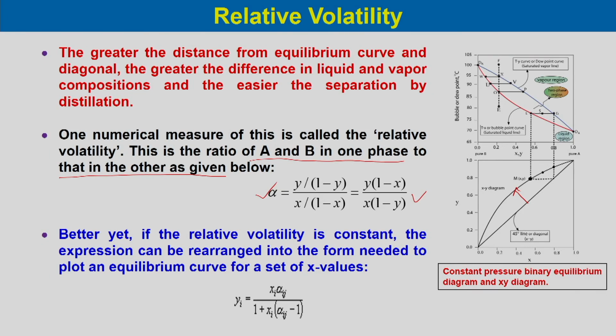So, we can write y_i equal to x_i alpha_ij, where alpha_ij is the relative volatility of A with respect to B, divided by 1 plus x_i into alpha_ij minus 1. With this we can assume a particular value of x and calculate the values of y, knowing the relative volatility alpha.